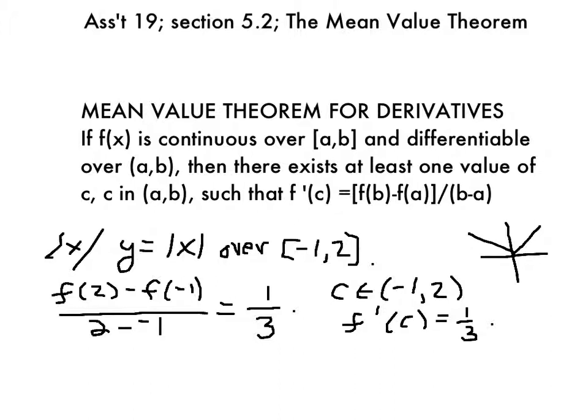And the reason why this is a nice counterexample is that we know that at 0, this function, y equals absolute value of x, is not differentiable. So it fails to satisfy the condition that the function must be differentiable over the interval, in this case, -1 to 2. So before you ever apply the mean value theorem, it is essential that you ensure that the conditions are met.